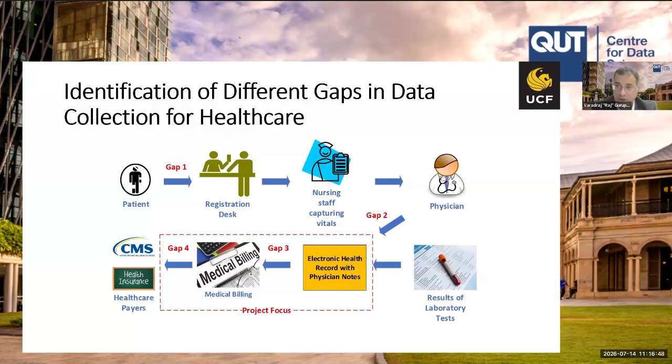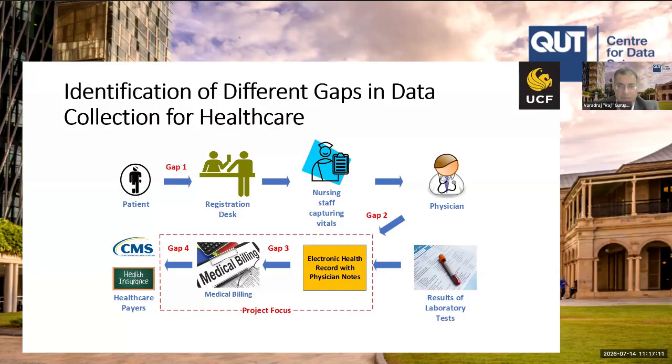Also the prescription information goes into the electronic health records, and finally goes to medical billing, whoever the payer is. Many times it will be private insurance or the government, depending on which part of the world you are in and how things work over there. That's how things work, right?